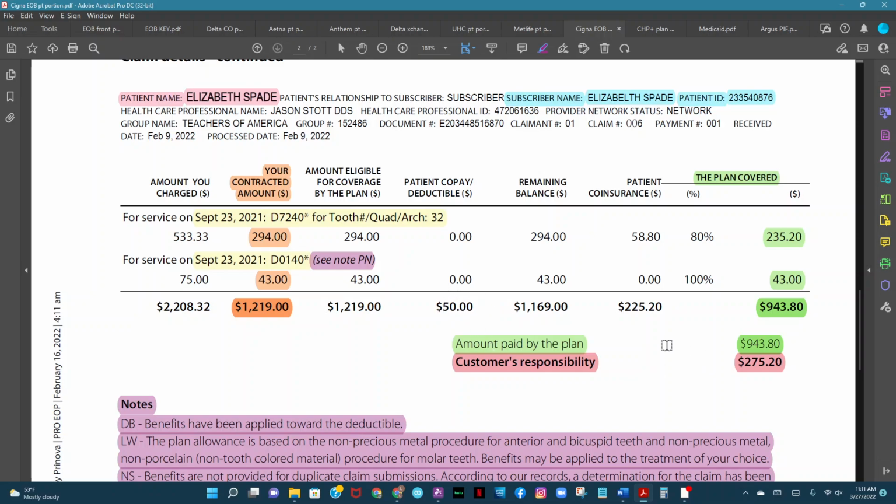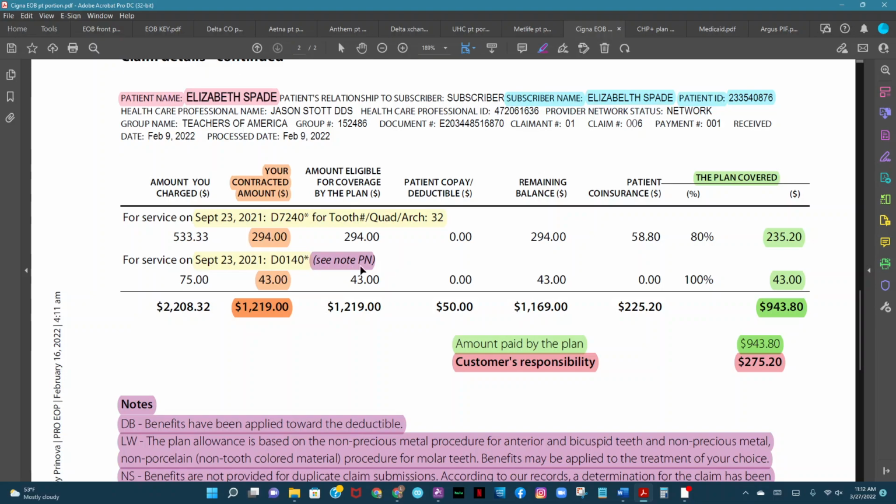That's why we always just look at the totals of the amount paid by plan and customer responsibility at the very bottom of that claim detail, because we do want to make sure that we're putting in the correct amounts. Over here we have our contracted amounts, and as you can see, these do match for the amount eligible for coverage by the plan.